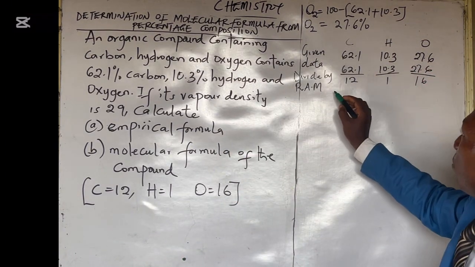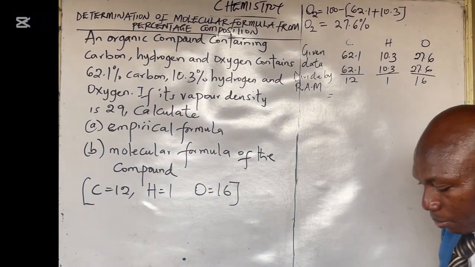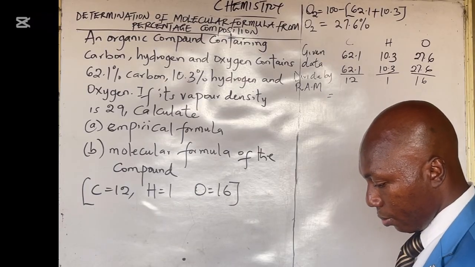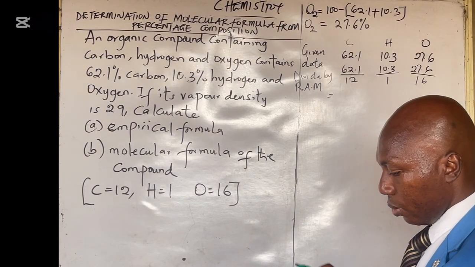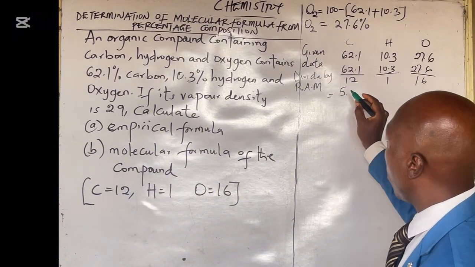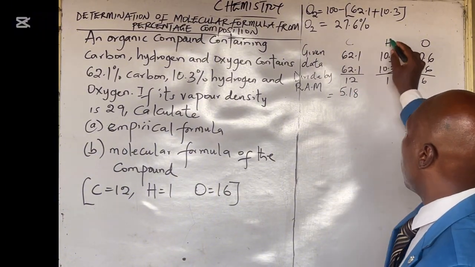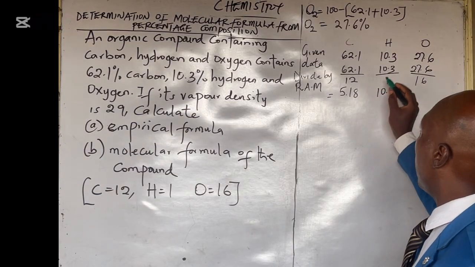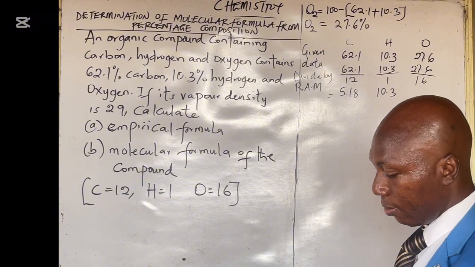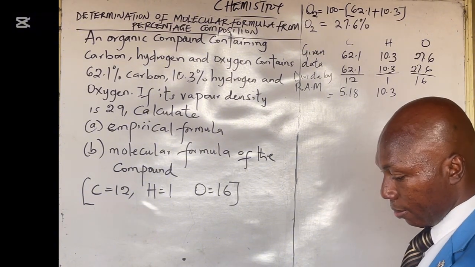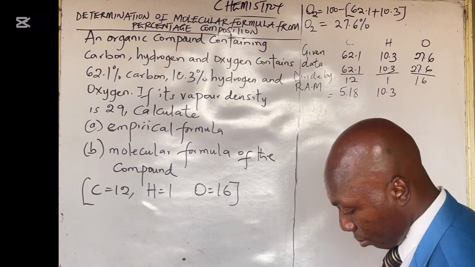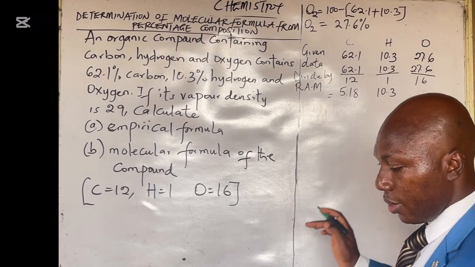If you do that very well, 62.1 divided by 12 gives 5.18. That of hydrogen, 10.3 divided by 1, is 10.3. And 27.6 divided by 16 gives 1.73.